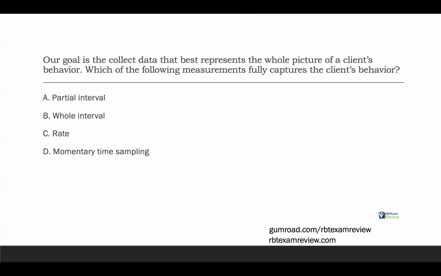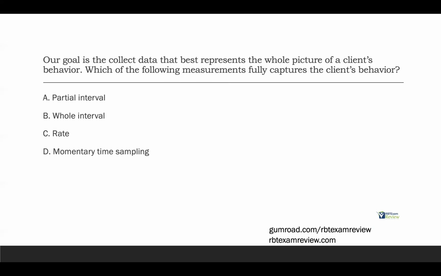Well, this is pretty easy, right? Because we have three discontinuous measurement choices and one continuous measurement choice. Which of the two, discontinuous or continuous measurement, better captures the behavior? Which captures more of the behavior? Well, obviously continuous. Continuous measurement captures every instance of a behavior. Discontinuous measurement only captures some instances, okay?